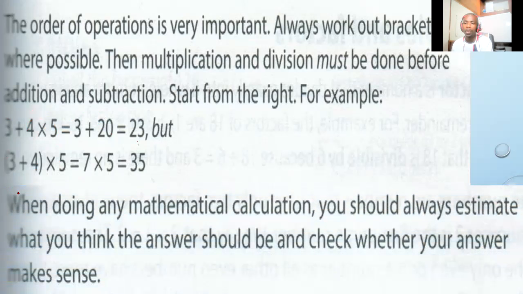When you are doing these mathematical calculations, also be able to estimate what you think the answer would be and check whether it makes sense. It's a very good skill to use in maths. That means estimation.